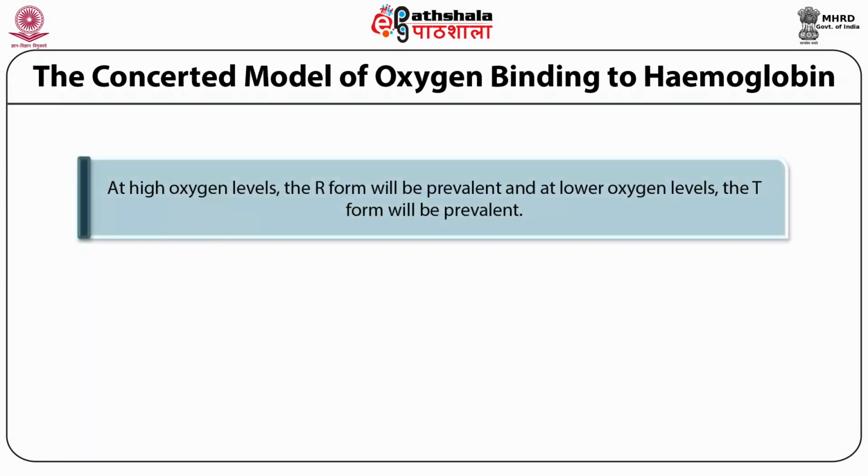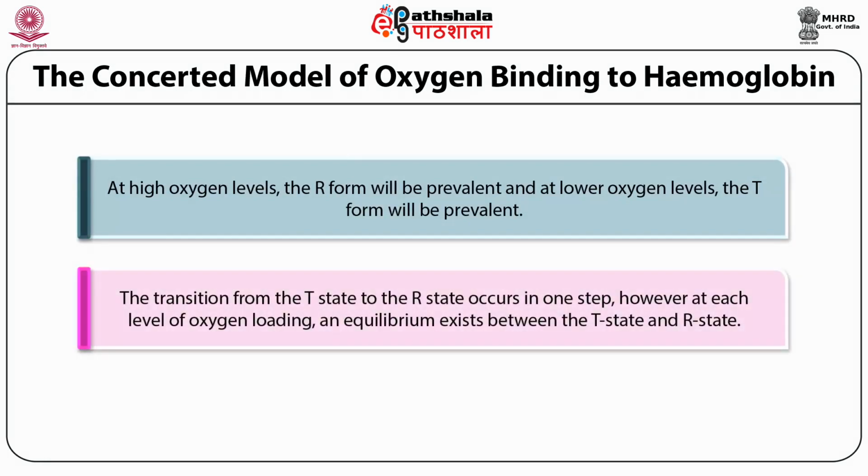For example, in hemoglobin, the tetramer changes conformation together to the R state. After 4 oxygen molecules bind to all 4 monomers, the transition from the T state to the R state occurs in one step only.